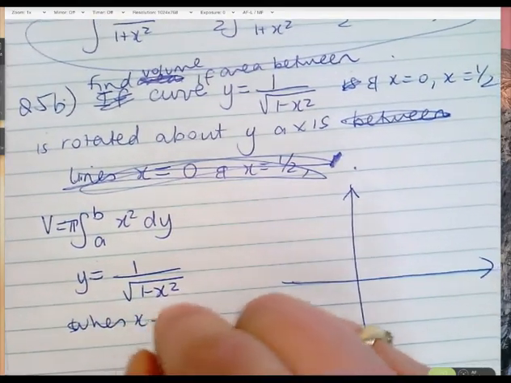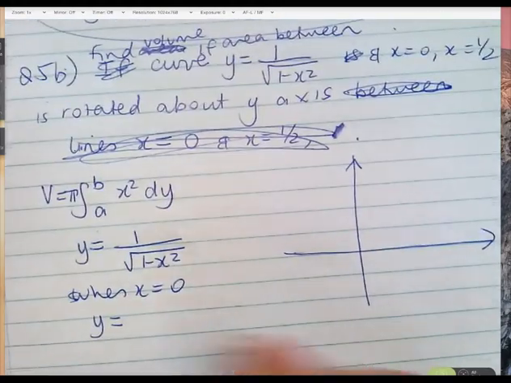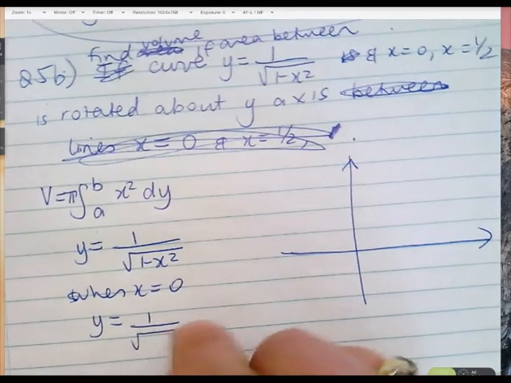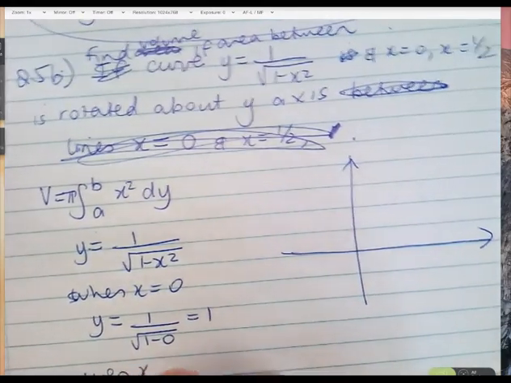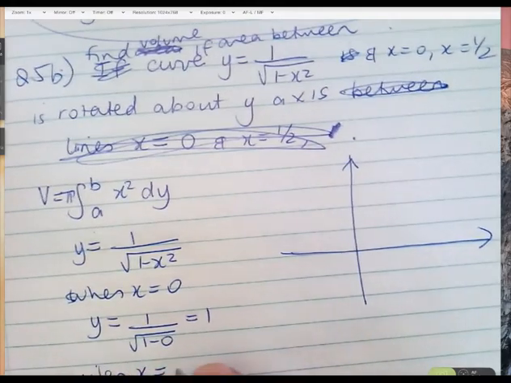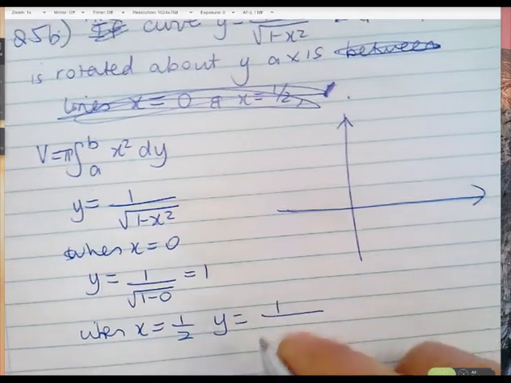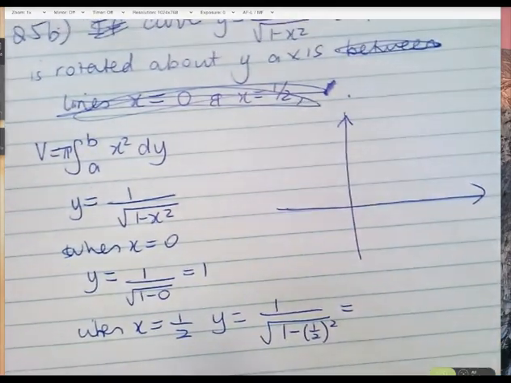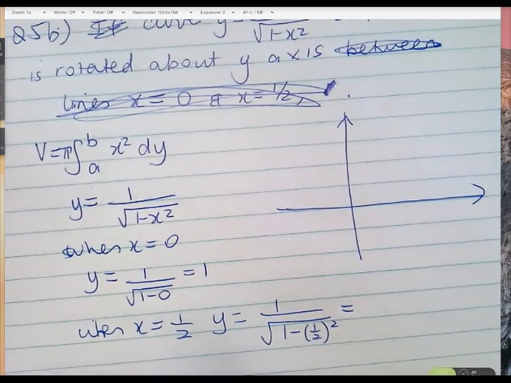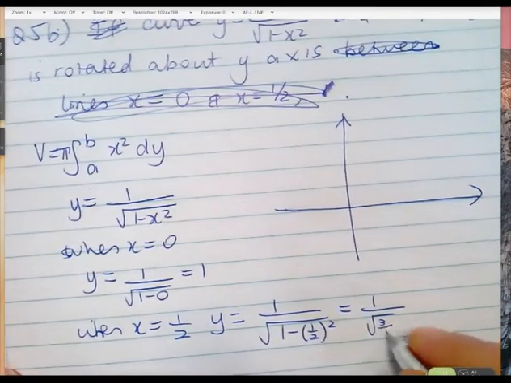When x is 0, we need to know what y is. Y is 1 over the square root of 1 minus 0, which is 1. And when x is a half, y is 1 over the square root of 1 minus a half squared. What's that? It's 1 minus a quarter, which is 1 over the square root of 3/4.